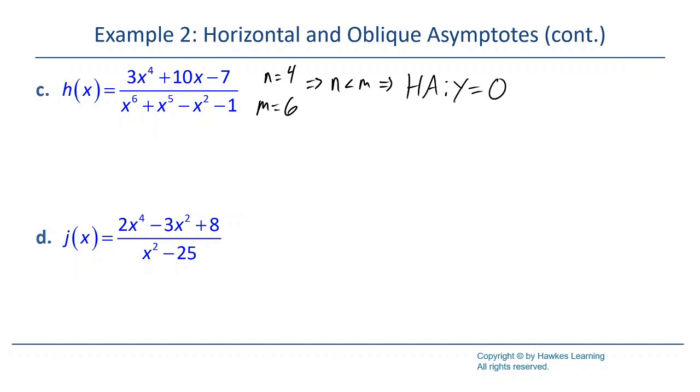And that's all you have to do if the degree of the numerator is less than the degree of the denominator. So, nothing much to that one. If we come down here, n is equal to 4, and m is equal to 2.